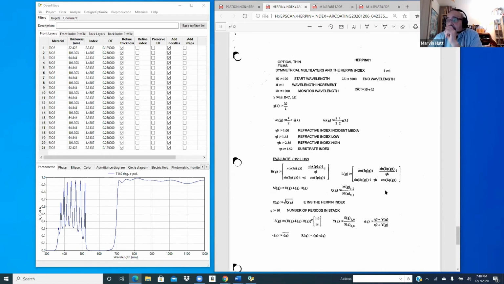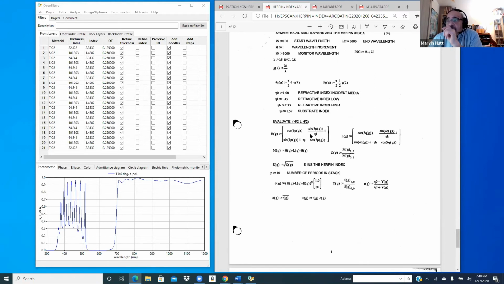I don't even think it's in MATLAB. I think this is in MathCAD, not MATLAB. It's a CAD program in which I just evaluate H onto L, H onto, produce the final M, and from that, this over this is Q. E is the square root of Q sub G, okay?